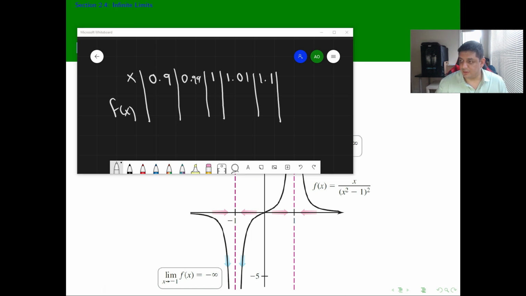Let me get a calculator, and let's check that graphically.